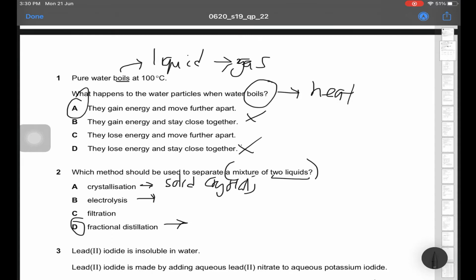B involves the separation of an aqueous solution or molten solution, and is normally used in purification of metal. So B is also wrong. C, as you all know, filtration is normally used to obtain an insoluble solid from a mixture of liquids. So C is also wrong. So the answer is definitely D.